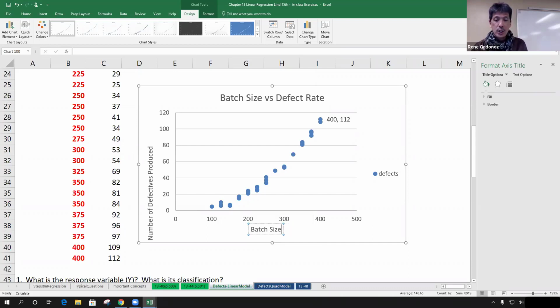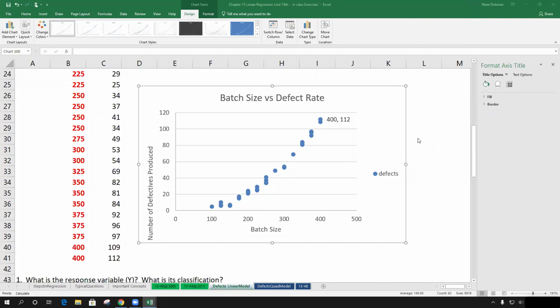Now, what is it that you observe in this scatter plot in terms of the equation or model that would fit in the data set? What happens to the number of defectives produced as batch size gets bigger? Oh, okay, now I see it.